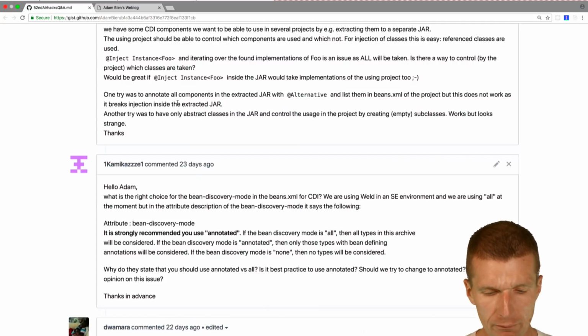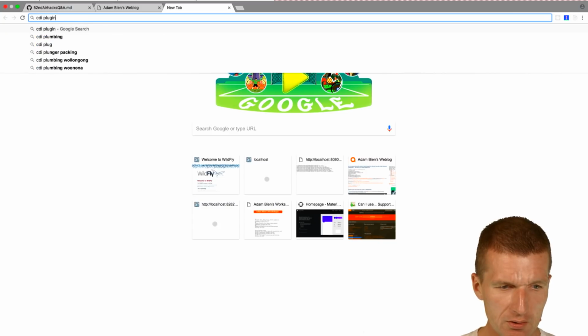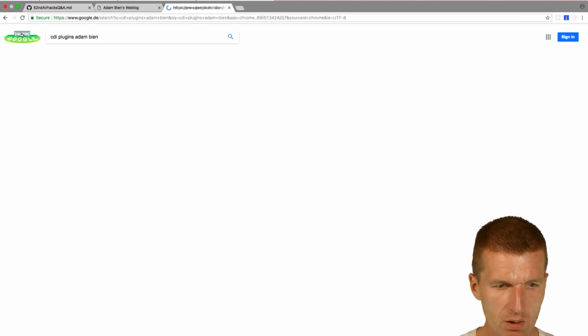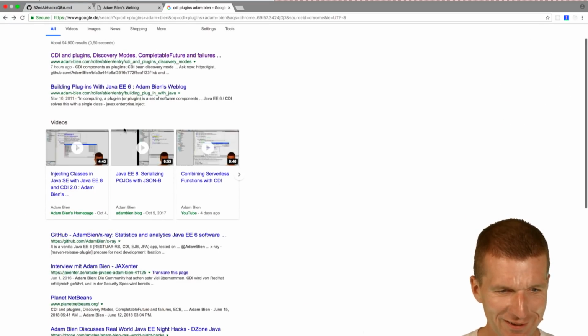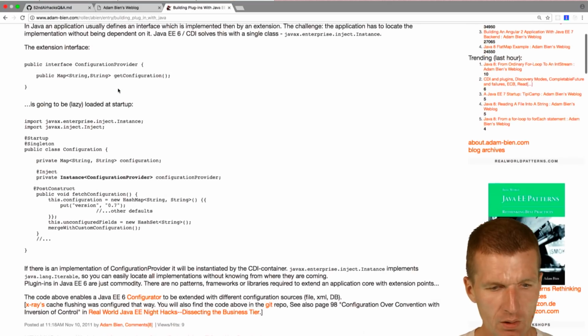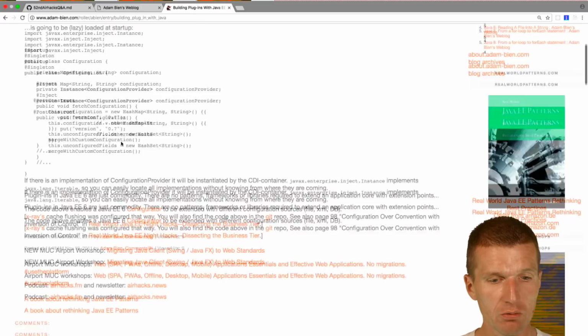By the way, I think I even implemented that. Wait a second, CDI plugins, Adam Bien. This is my green book. No, this is now building plugins with Java 6. This could be this. Yeah, exactly. This is what I implemented 7 years ago.